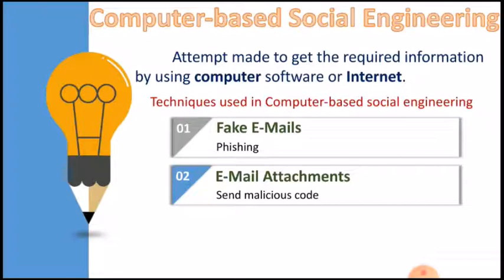Basically, it is used to capture passwords. Malicious code such as viruses, trojans, and worms can be included cleverly in the attachment to attract a victim to open the attachment.